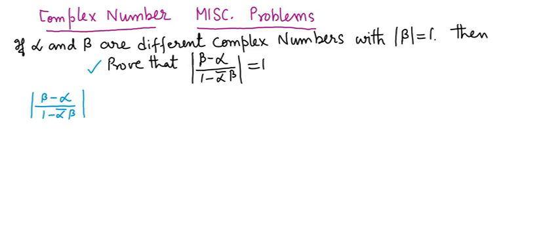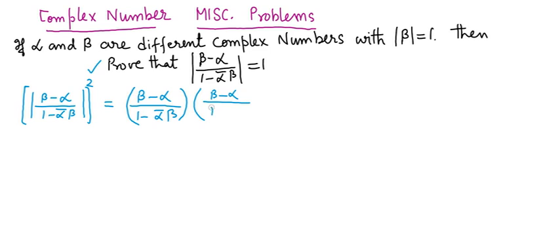We will take the square of this. Okay? See carefully. This will equal to beta minus alpha upon 1 minus conjugate of alpha into beta, and beta minus alpha upon 1 minus conjugate of alpha into beta, whole conjugate.